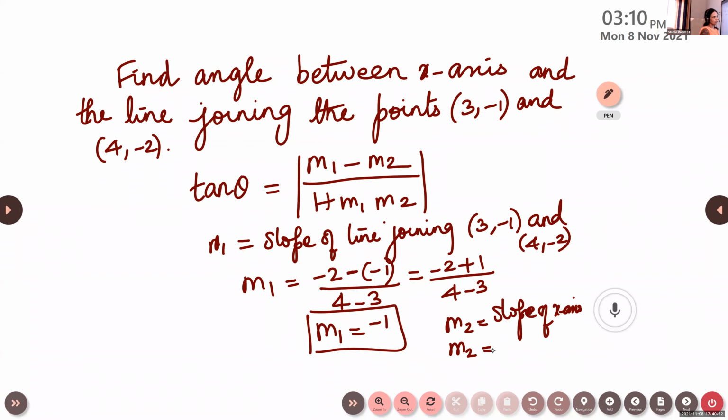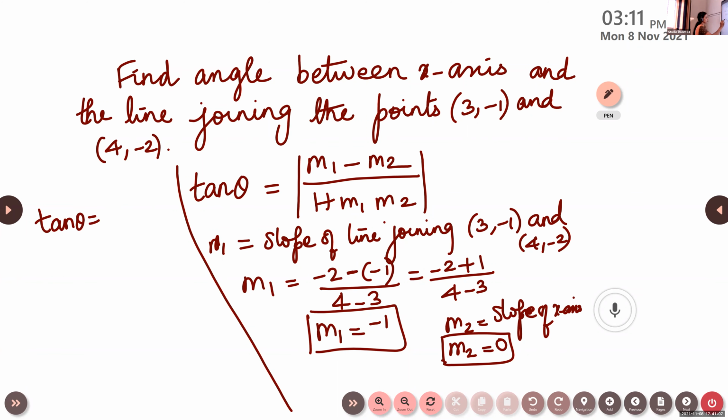Yes, Shabarinath, what is the slope of the x-axis? 0. So m2 is 0. So substitute here. When you substitute here, what will you get? Tan theta is equal to modulus of m1 minus m2, that is -1 minus 0, by 1 plus (-1) into 0.